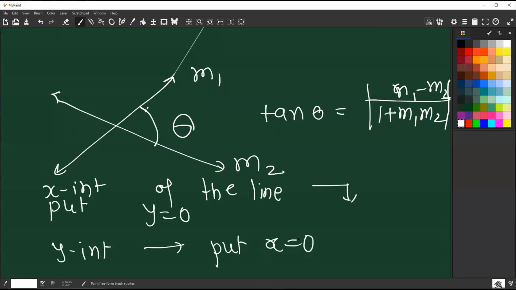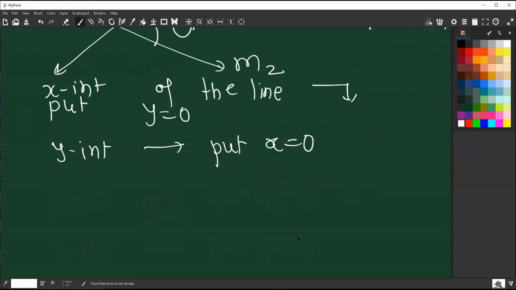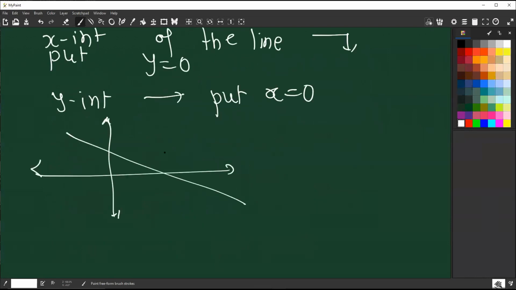But basically, what are the intercepts? I will show you in the figure. If this is the given line, which cuts the x-axis at (a, 0), then a becomes the x-intercept of the line.